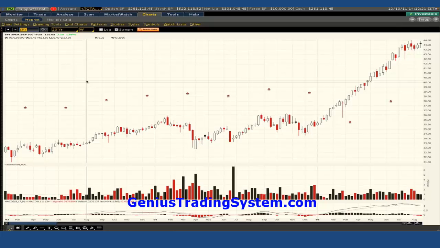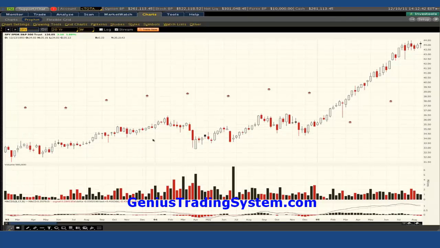Can you pick it out? Well, you may mention this extremely high volume day in which it looks like a spinning top was created. And that spinning top is not at the top of a trend, nor at the bottom of a trend. It's actually right in the middle of a trend.